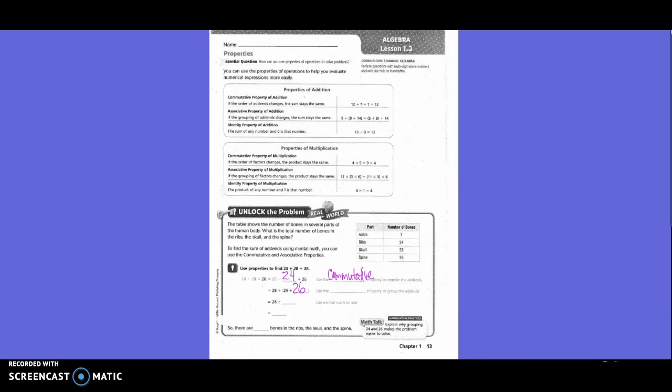So what is that property? Associative property. So then we take 28 plus, what is 24 plus 26? 50. And then 28 plus 50 is 78. So there are 78 bones in the ribs, skull, and the spine.